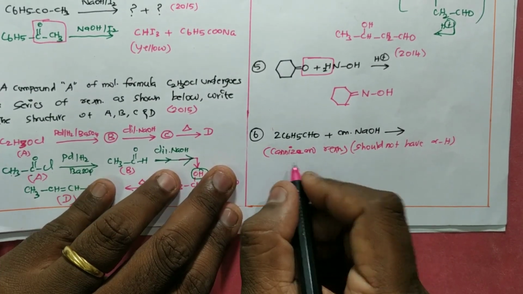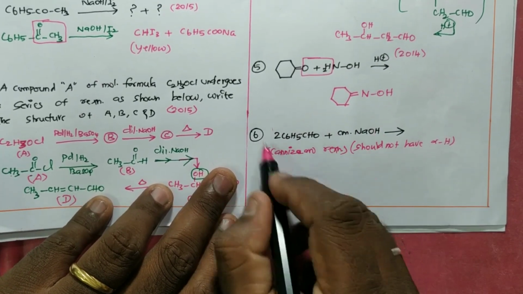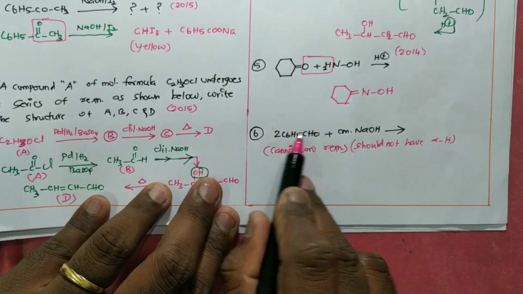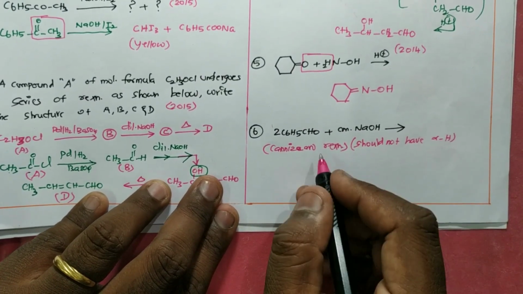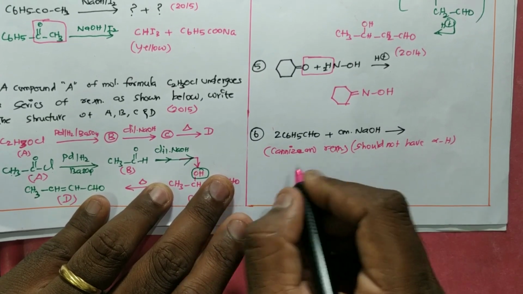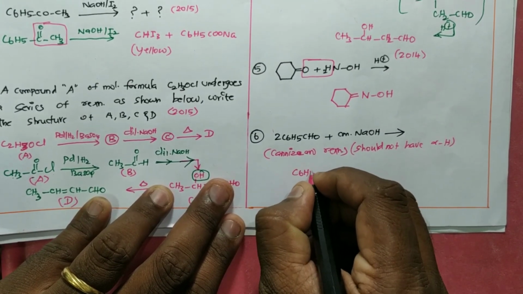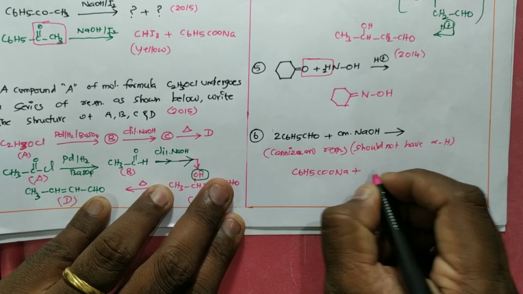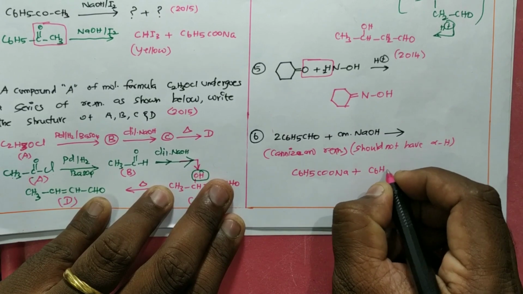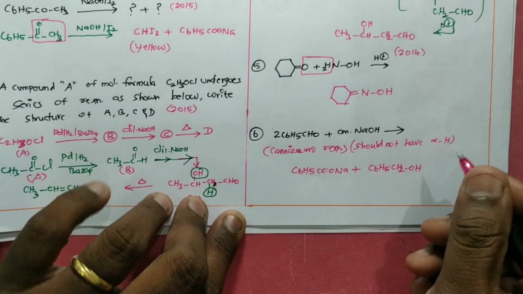So what product will I get? It is a disproportionation reaction. One of the molecules undergoes oxidation, one of the molecules undergoes reduction, as we discussed in earlier classes also. So I will directly write the product. One product is C6H5COONa, along with another product, C6H5CH2OH.